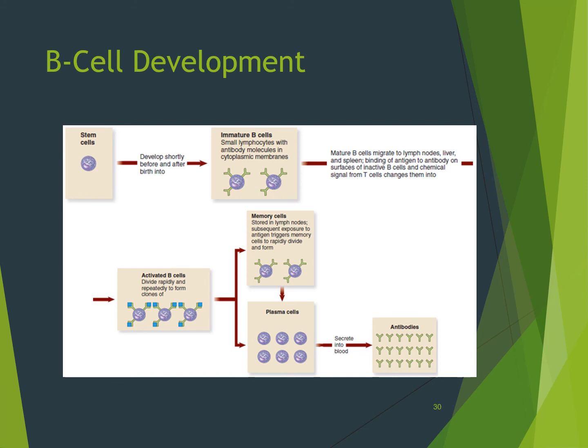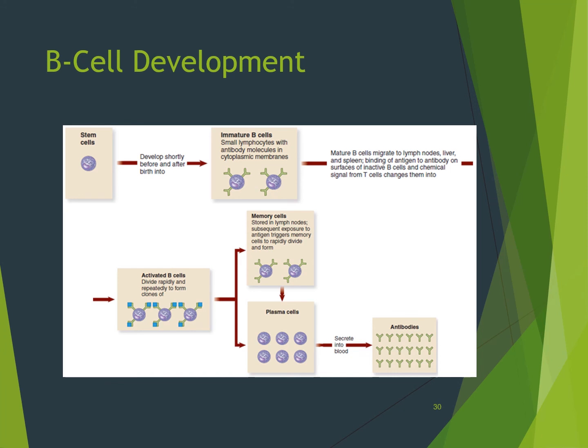And then the other type is the memory cell. Now, B memory cells are like an elephant, they never forget an antigen. What they're going to do is nestle down and lay in wait, and they have this memory of this specific antigen. They're not going to be active unless that same antigen comes carousing around the next time.